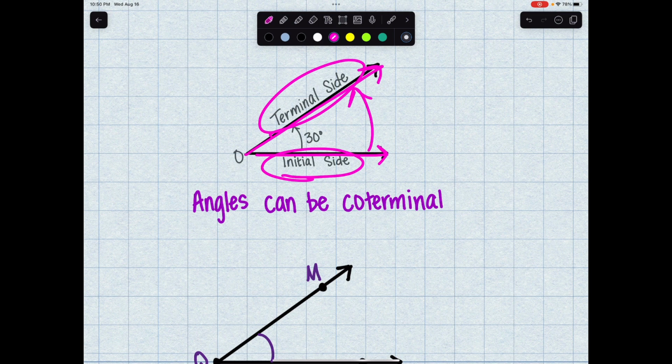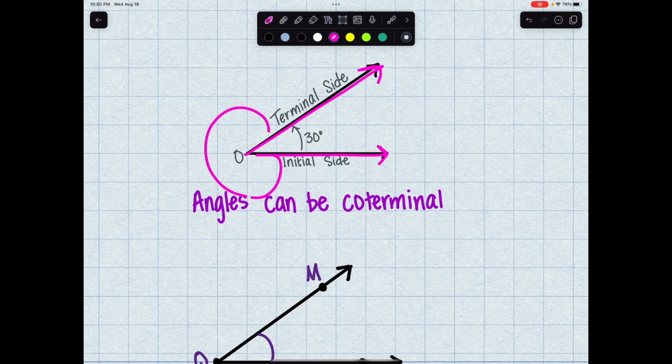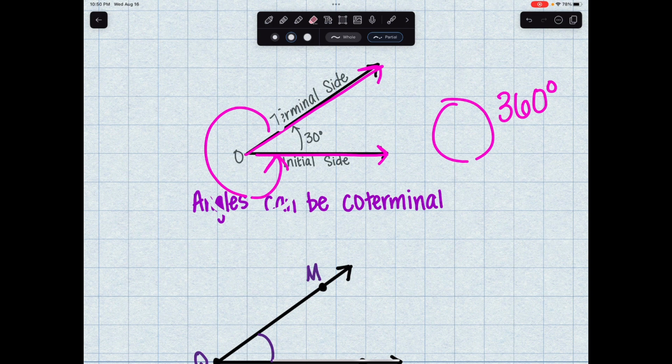Okay, there's another angle when we look at this 30-degree angle, and you could also be talking about this angle, all the way around that's left. And remember that a circle is a 360-degree angle, so this would be 360 minus the 30 degrees, that other angle.